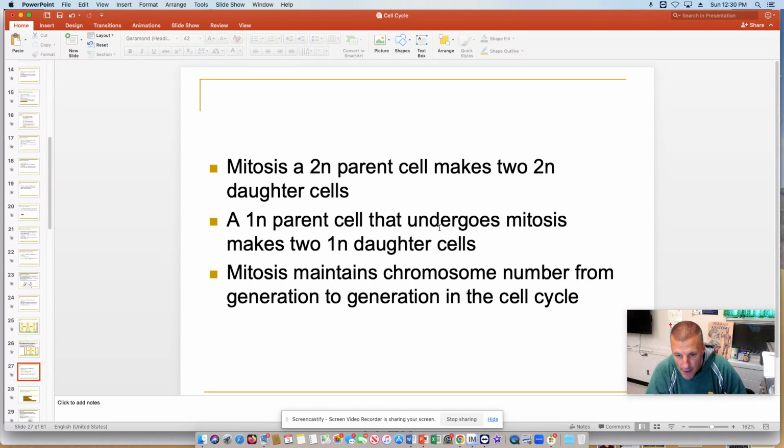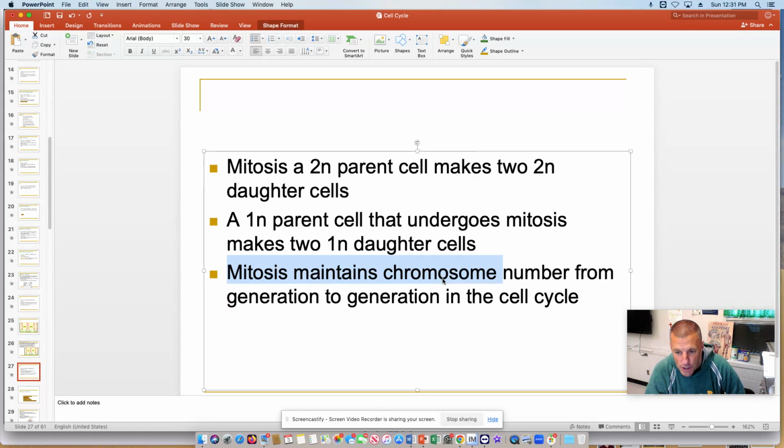A 1N parent makes a cell that undergoes mitosis and makes two 1N daughter cells. And that actually happens in the making of sperm and eggs, but again, we'll talk about that more later. So this is an important idea right here. Mitosis maintains chromosome number.